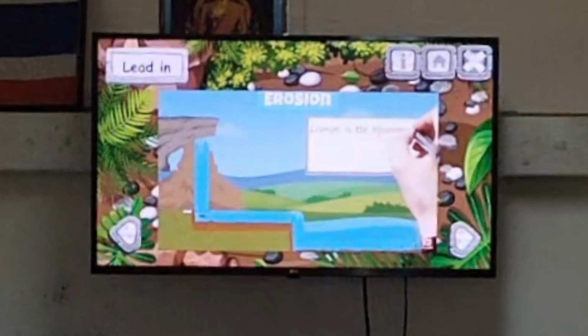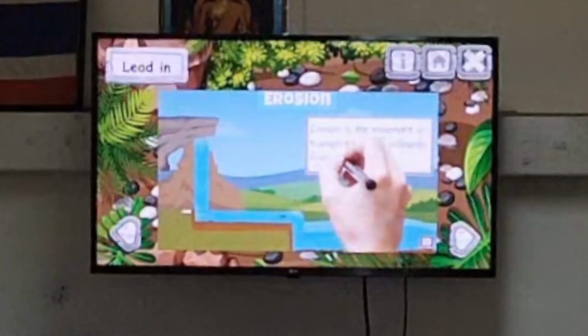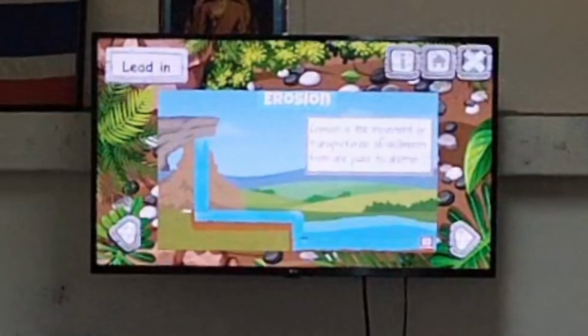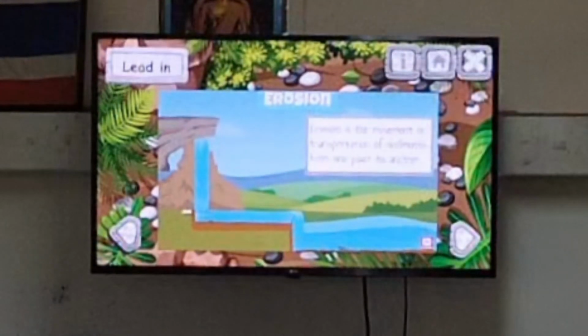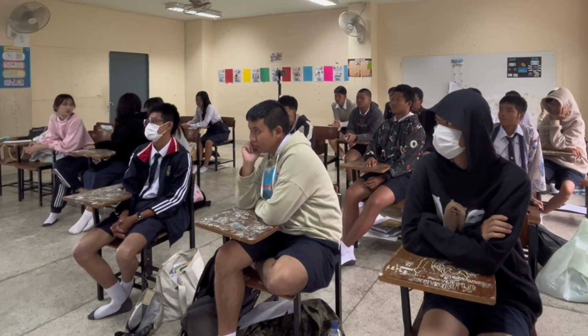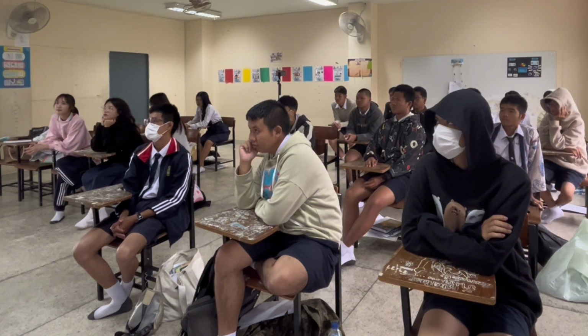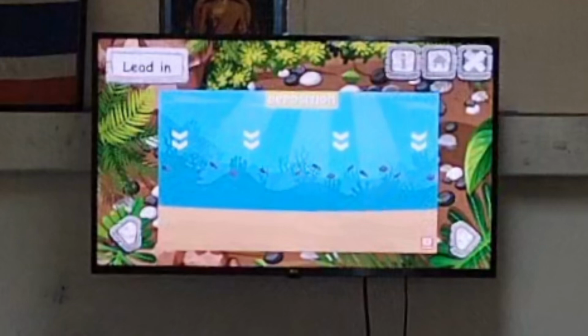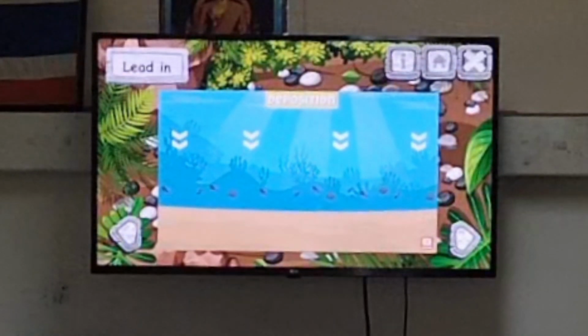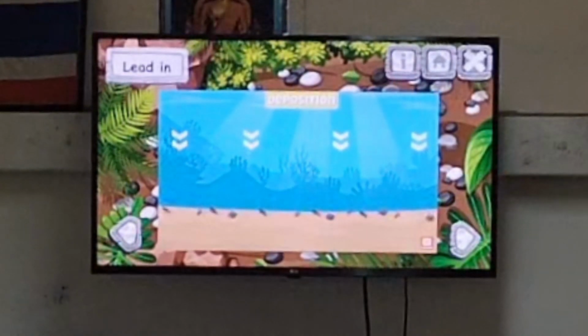Erosion is the movement or transportation of sediments from one place to another. Sediments can be transported to a new location by moving water, wind, and ice. Deposition is when these sediments are dropped off in a new place. Gravity pulls the floating particles of other rocks, minerals, or once living organisms towards the floor and they settle there.